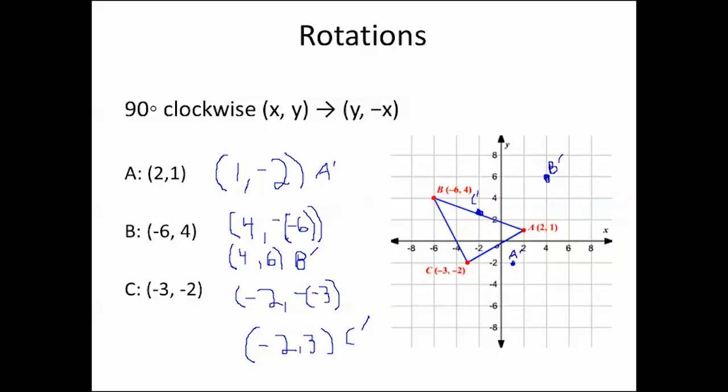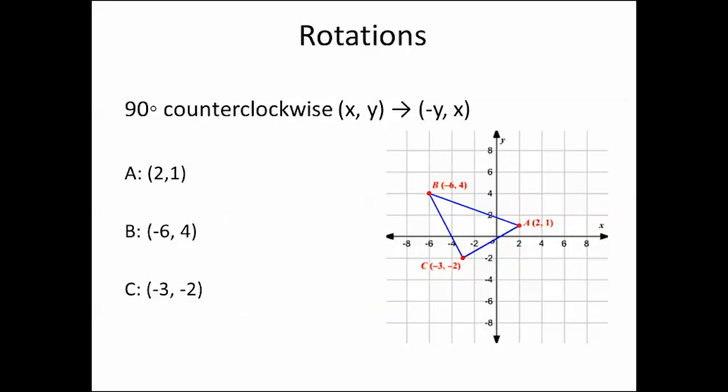We can connect those points and find our image location. Looking at it, you can see that it definitely does appear congruent to what we started with, but there is a definite orientation change. We have rotated that object 90 degrees clockwise to find our new image location.